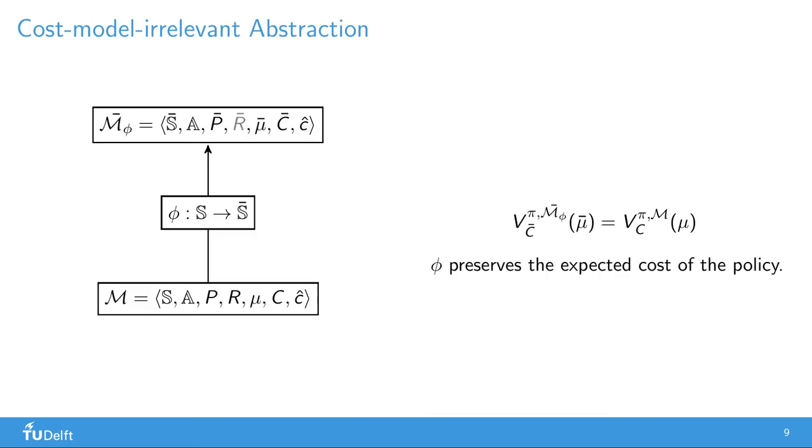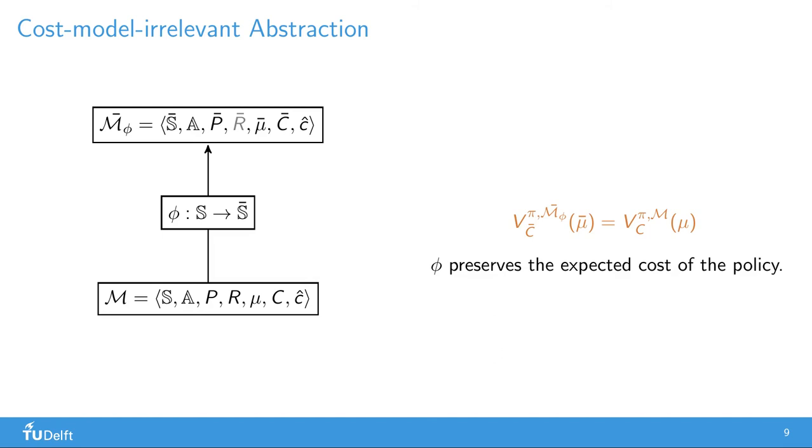More generally, we consider that we have access to a cost model irrelevant abstraction. Intuitively, this is a function that groups states that have similar safety dynamics. Therefore, when we compute a policy on the abstract constrained MDP, the expected cost of that policy is going to be the same both on the abstraction and on the ground constrained MDP.